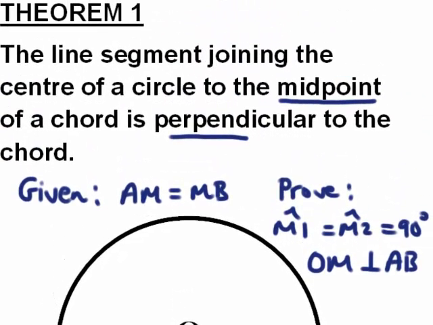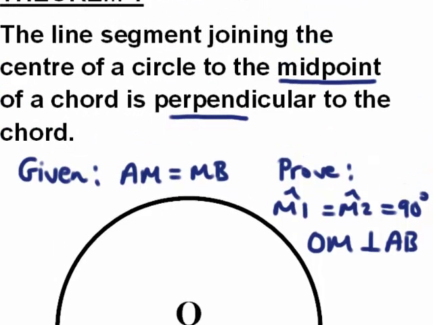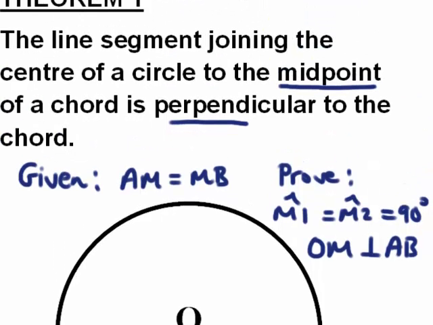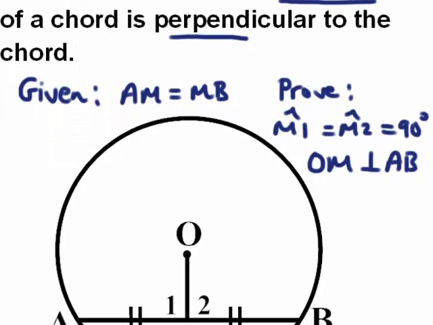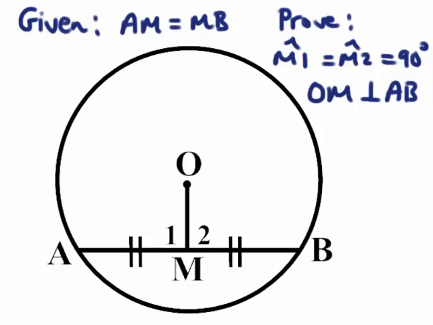This is theorem 1. The line segment joining the center of the circle, that's OM, to the midpoint of the chord, that's M, is perpendicular to the chord. Now, the way to approach this is really congruency. I'm going to construct AO, and I'm going to construct OB. If you look at this, we've got two triangles in which AO is OB.